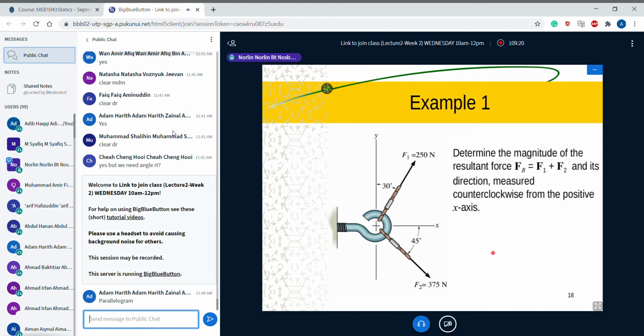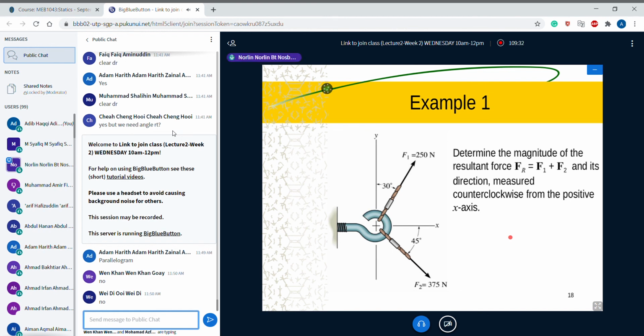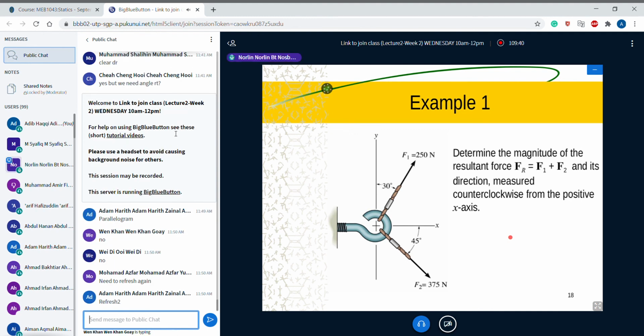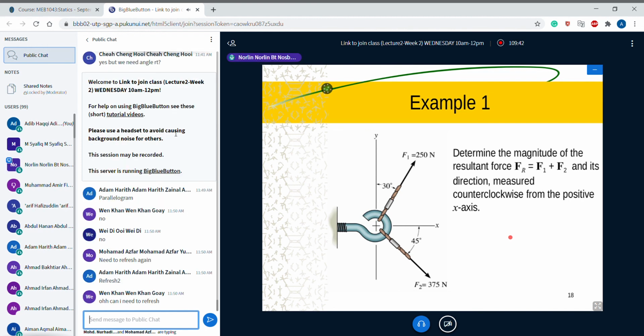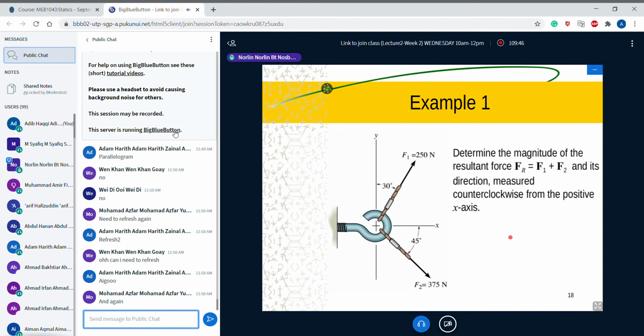Can you see the figure? No. Hmm. Okay, I think I will continue tomorrow.